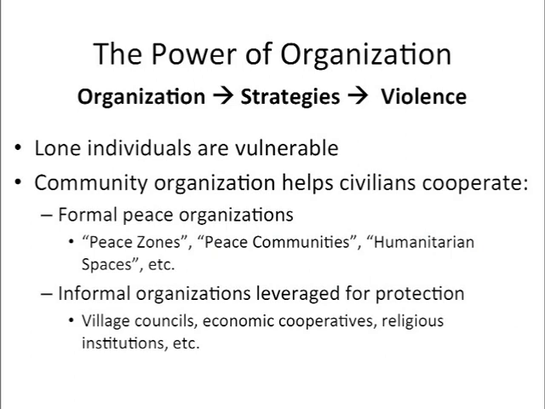So now I'm going to talk about the power of organization. The power of the civilian organization at the local level really is a key to being able to implement strategies for protection. And so the causal schematic I have at the top of this slide shows how organization enables strategies which in turn affect the outcome of violence. And really when we're talking about the outcome of violence, we're talking about armed actors and how strategies affect armed actors themselves.